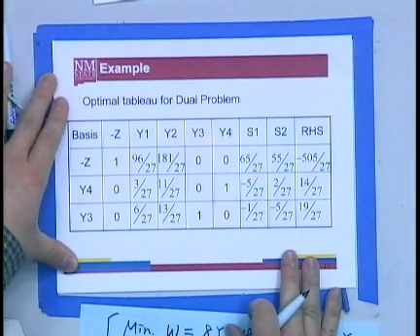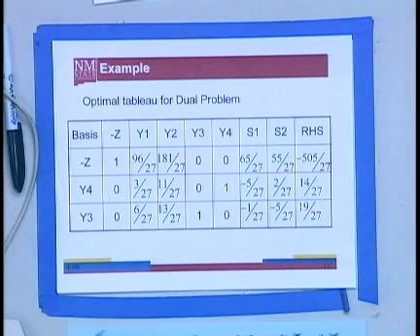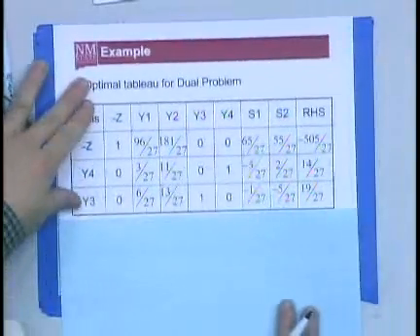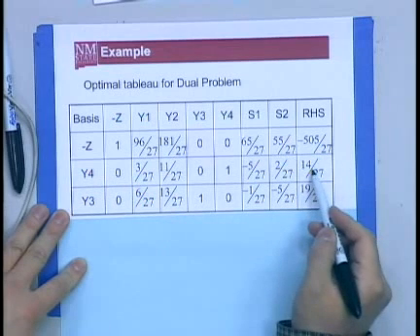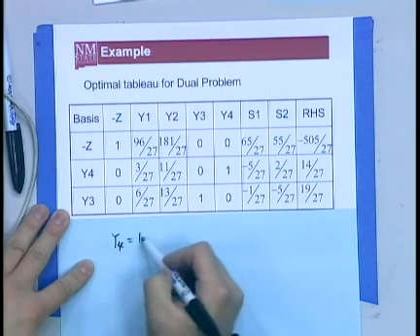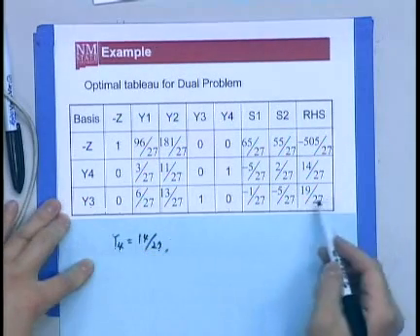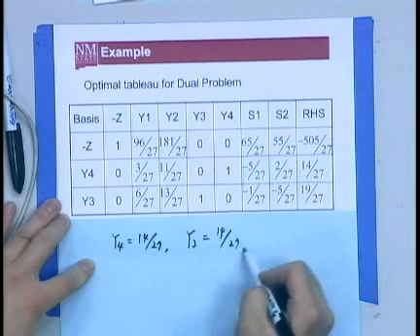Suppose I've just run this dual problem using Lindo, and I've got this optimal table for the dual problem. So the optimal solution to the dual problem is y4 equals 14 over 27, right? And y3 is 19 over 27.